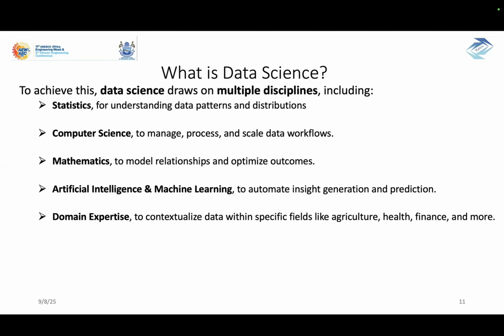You see AI come in now, under data science: it is in machine learning, to automate insight generation and prediction. And last but not least, what people always miss out is domain experts. You cannot do AI, you cannot do data science, you cannot do machine learning without working with a domain expert.